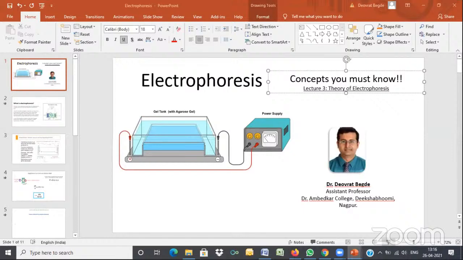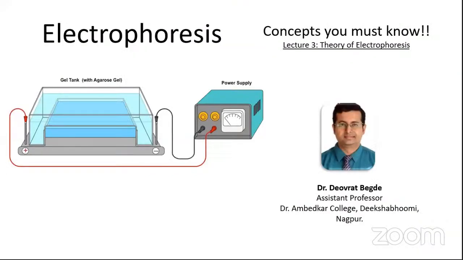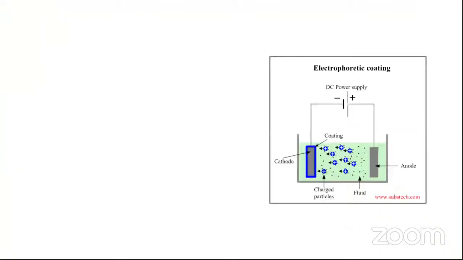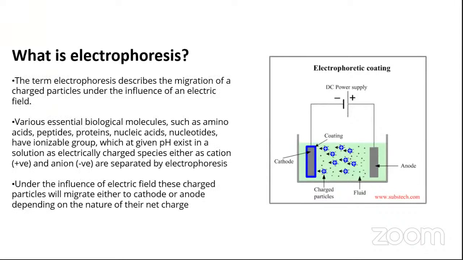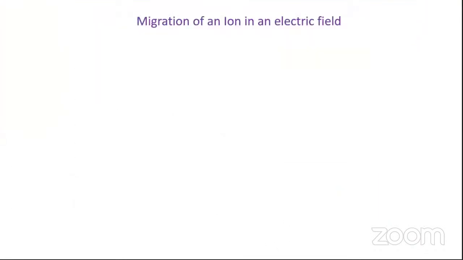And while understanding the theory of electrophoresis, we arrived at a relation which lets one understand how the migration of any charged entity under the effect of electric field can be judged, and what are the factors which are going to affect the migration of the molecule.